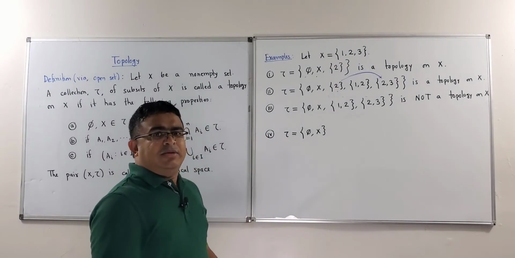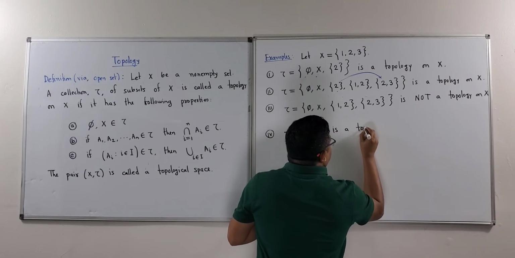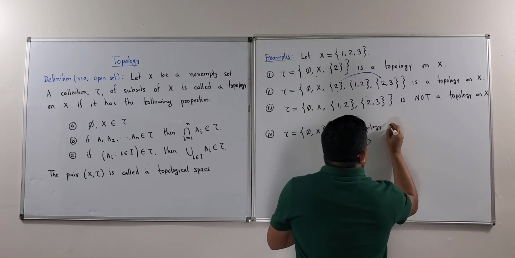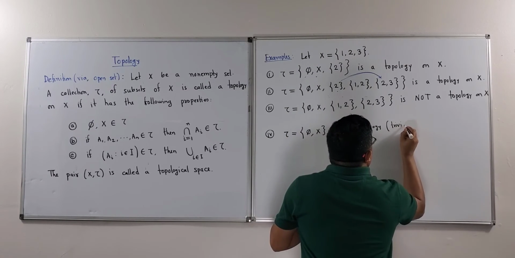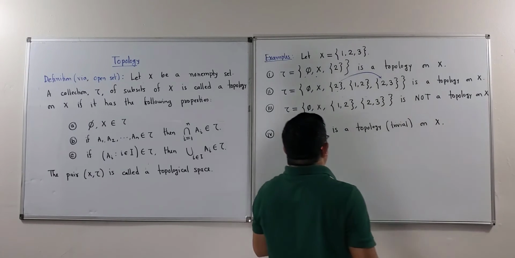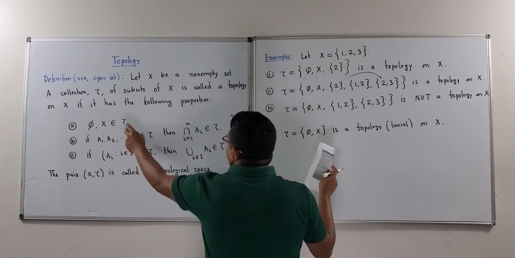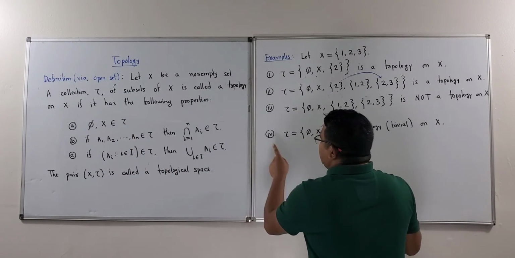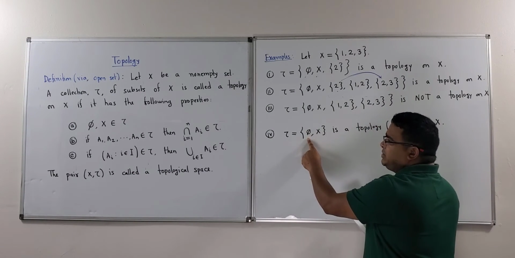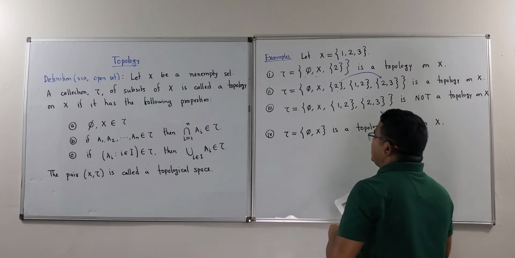This is called the trivial topology on X, with only the empty set and X. So it satisfies all of the properties. The first property is already satisfied. For the second property, if you take the intersection it is the empty set, which is already here. If you take the union, that is X, that is also in here. So this is a topology.